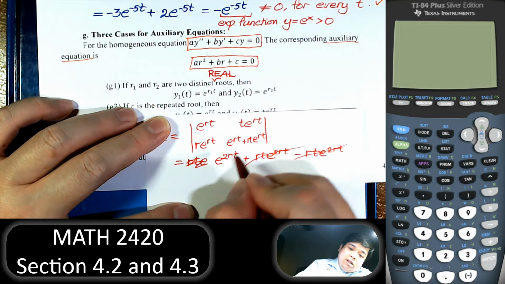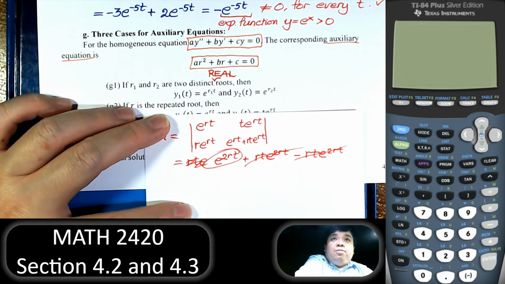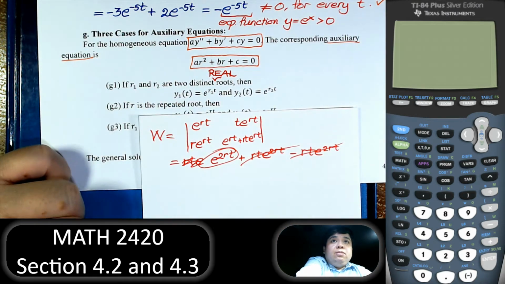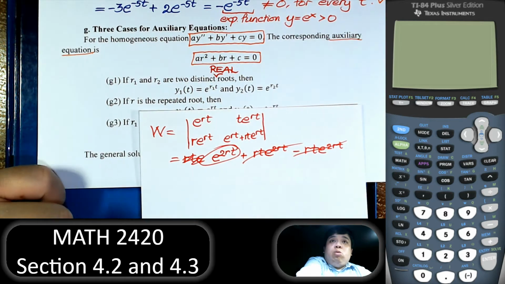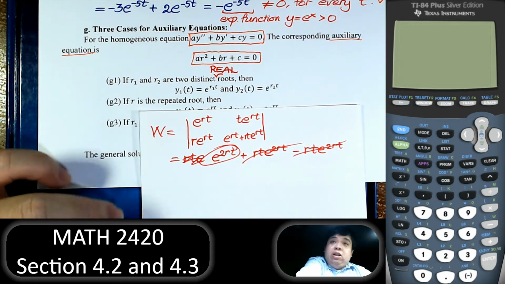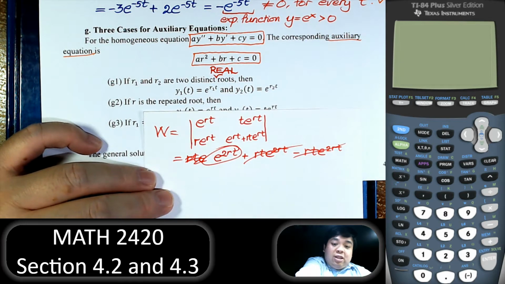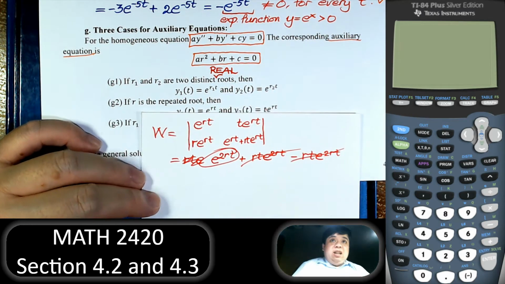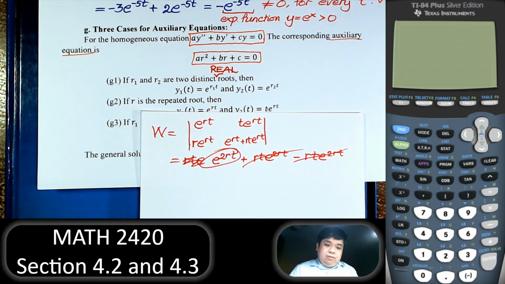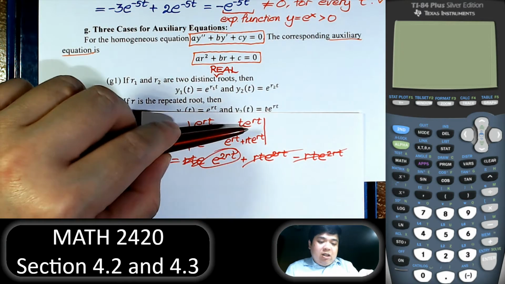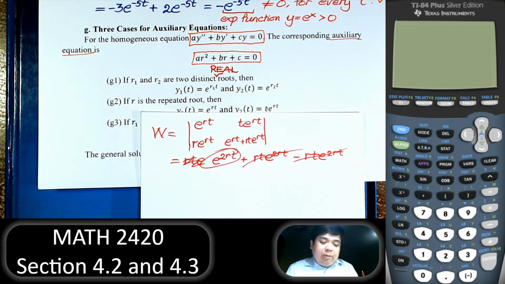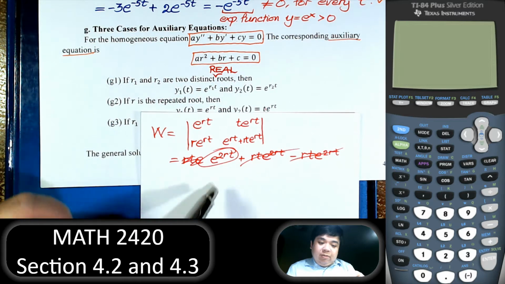Cancel this, and we are left with only this. And because once again the exponential function is positive, this is not equal to 0 for every value of t, and therefore they are linearly independent. So just take the derivative, product rule, and then we have that.